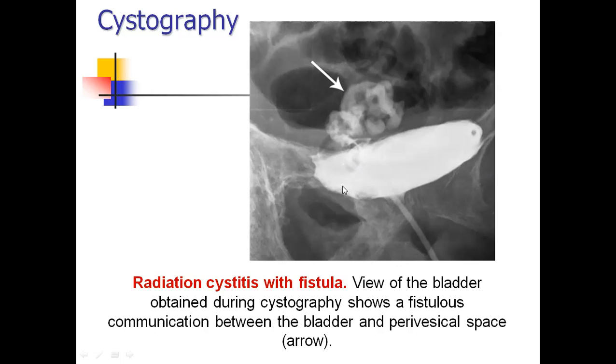Here is a view of the bladder with contrast media obtained during cystography, a shadow of the catheter in the urinary bladder, and beside this also a shadow of contrast that is out of the urinary bladder and is located in the perivesical space as a result of formation of a radiation-induced fistula.